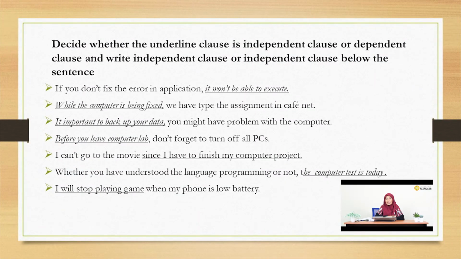If there is an independent clause, of course there is a dependent clause. A dependent clause means it cannot stand alone. It needs another clause to make it understandable. For example, in number 1, if you don't fix the error in the application, it is a dependent clause. It means we don't understand yet. The clause is not yet complete. It won't be able to execute is an independent clause.